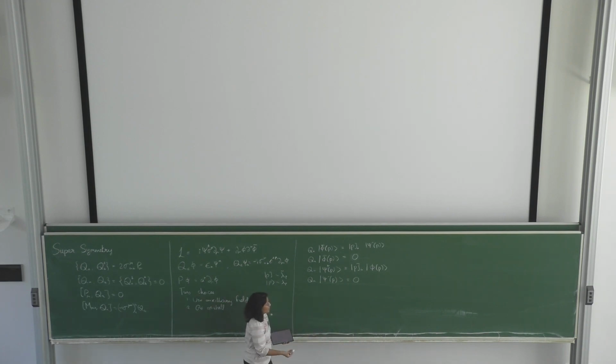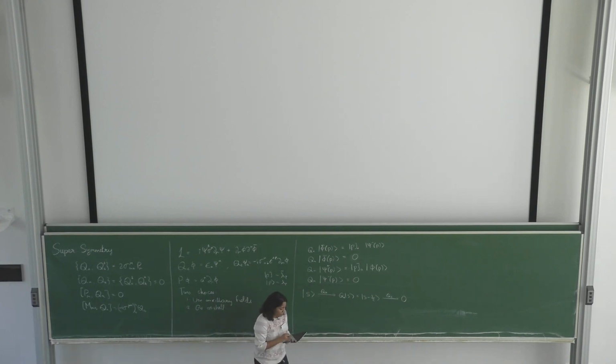You can already see the general structure here, which is you start with some state S. You act Q on it, and then you get QS, which is, barring some factor of lambda, S minus a half. And then acting with Q again, you get 0, A dot.